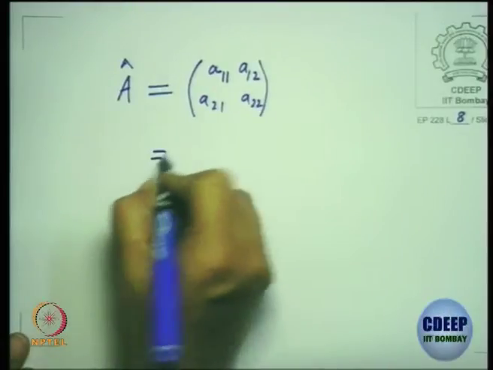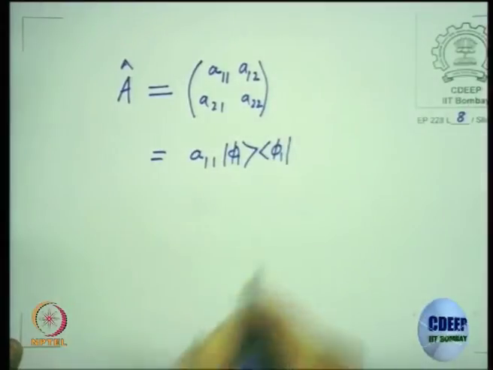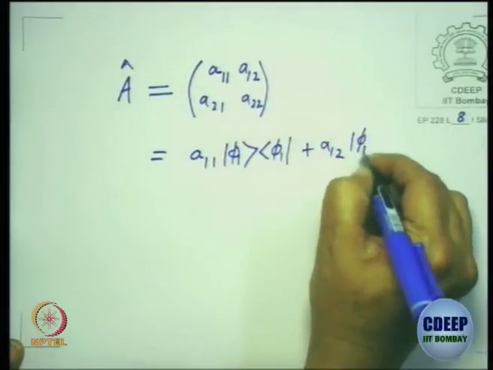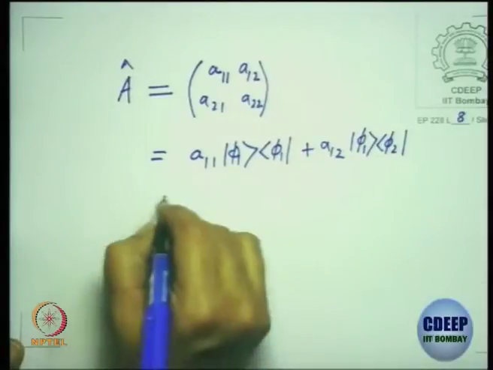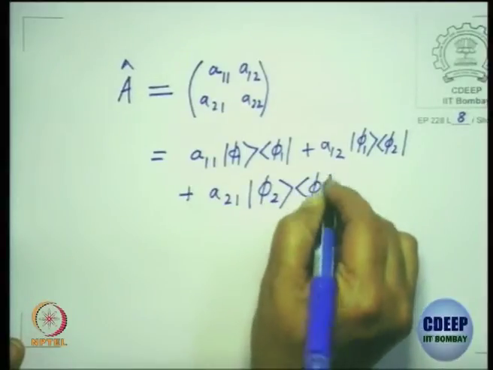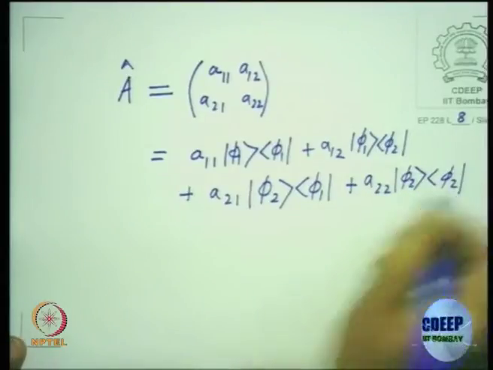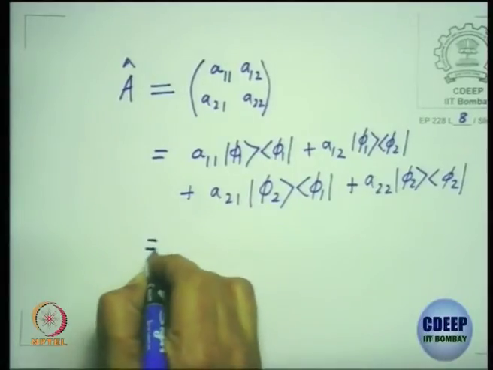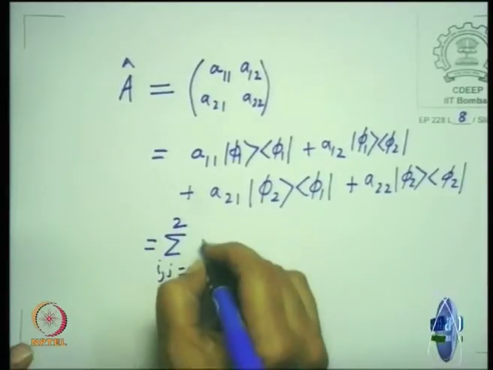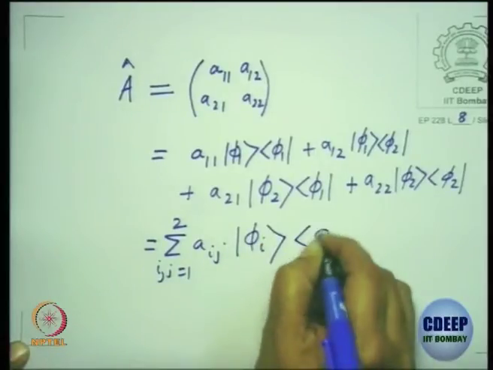I can also rewrite this as A11 phi 1 phi 1 plus A12 phi 1 phi 2 plus A21 phi 2 phi 1 plus A22 phi 2 phi 2. This is also correct. Write this compactly as summation over i comma j, which is 1 to 2, Aij phi i phi j.